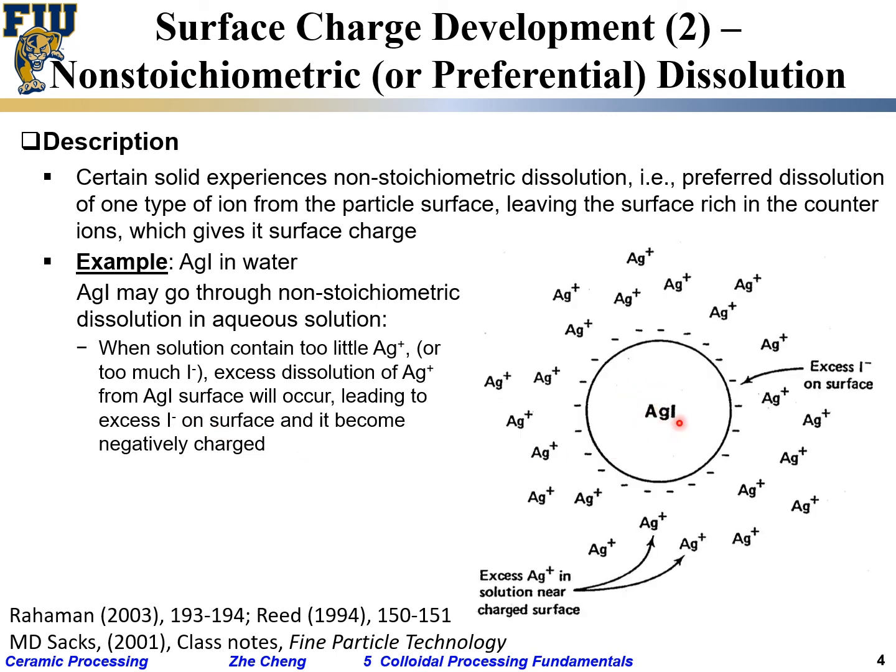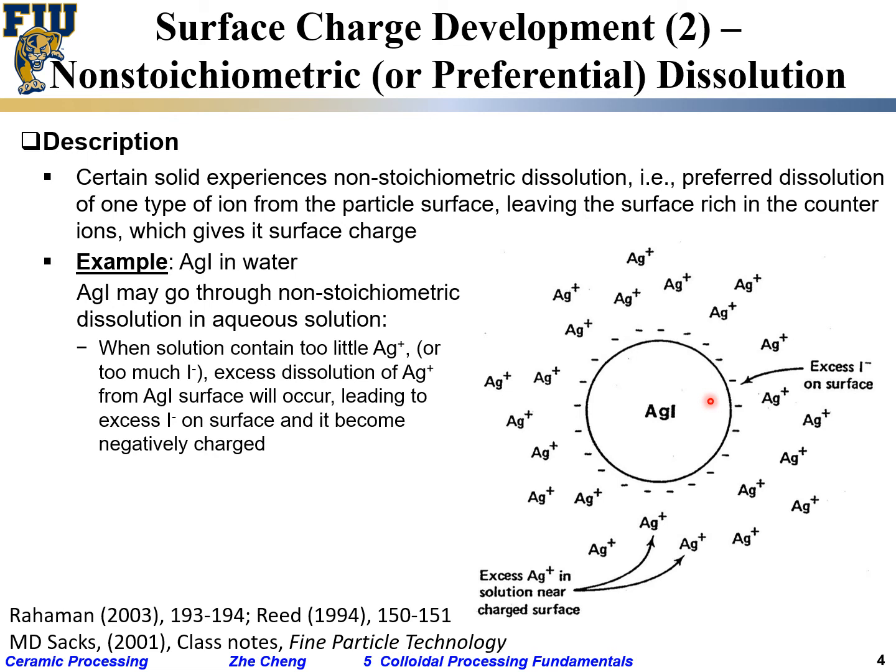If the outside solution has too little silver, then to compensate, this silver iodide gives out a lot of silver into the solution, and as a result, the surface would be richer in iodine, and closely would be negatively charged.